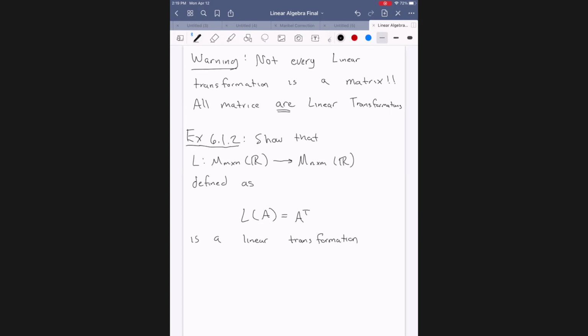So clearly this rule isn't a matrix rule. The rule is just take the transpose, but this is indeed a linear transformation. So how do we show it?